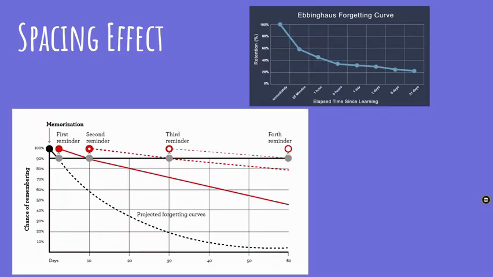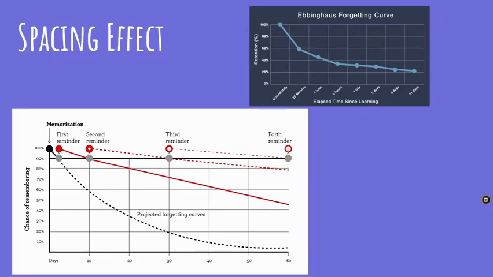What we found is that if we can use a technique called the spacing effect, where we distribute our practice rather than try and do massed practice where we cram that information in all at one time, if we do that distributed practice, look at the bottom left, right? Here was our projection. And then here, first time we review, much less. Second time we review, much less. Third time we review, much less.